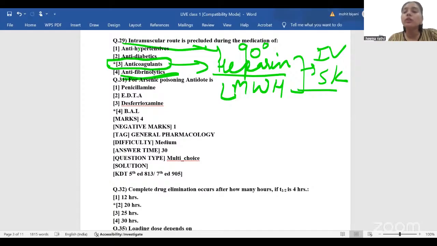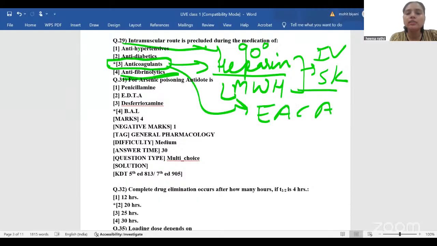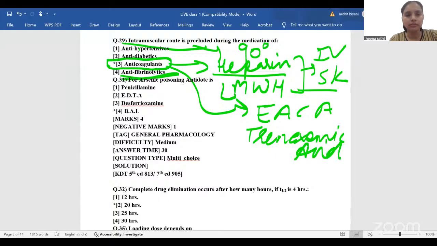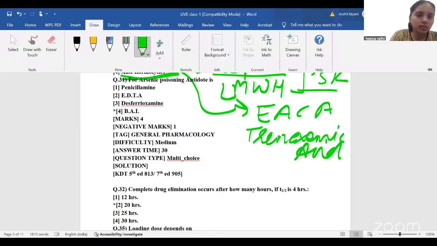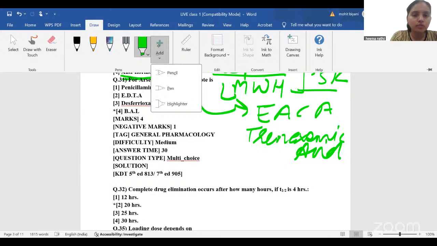Antifibrinolytics reduce the lysis of the fibrin, like EACA, that is epsilon aminocaproic acid, and tranexamic acid. Tranexamic acid is an antifibrinolytic drug. Next question, let's see the next question.